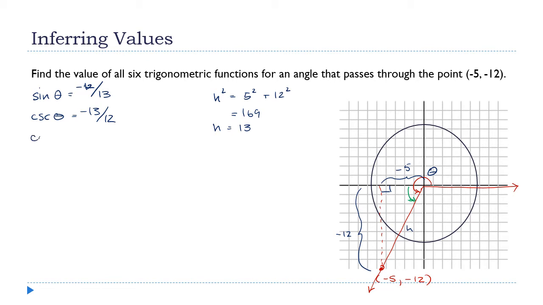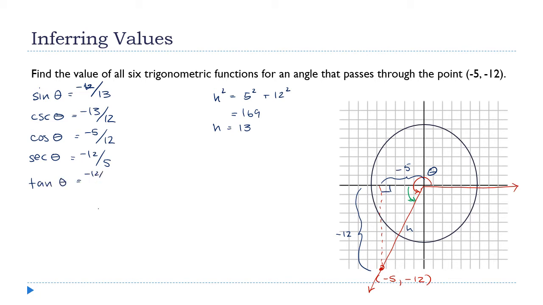All right, so then the cosine of theta is the adjacent side divided by the hypotenuse. So this is going to be -5 divided by 13, which makes the secant 1 over that. Just flip it over. It's -13 fifths. Then the tangent is sine over cosine.